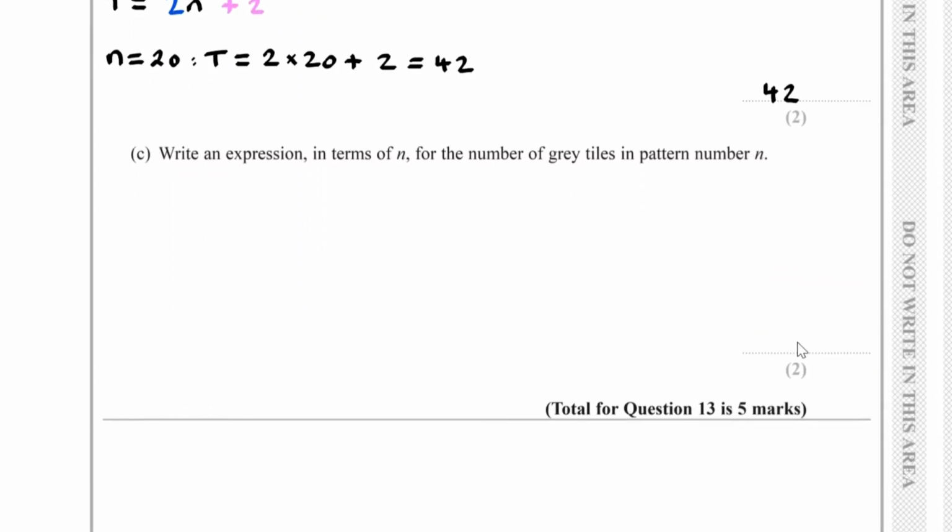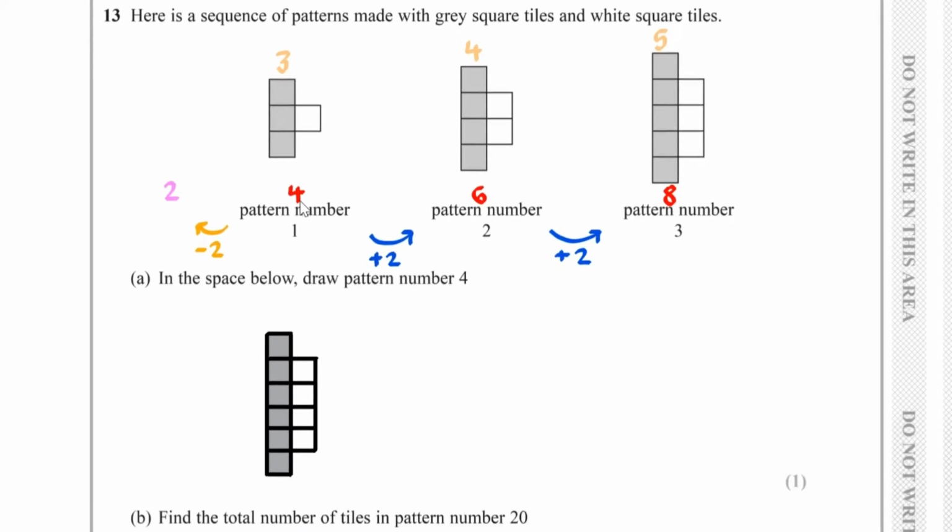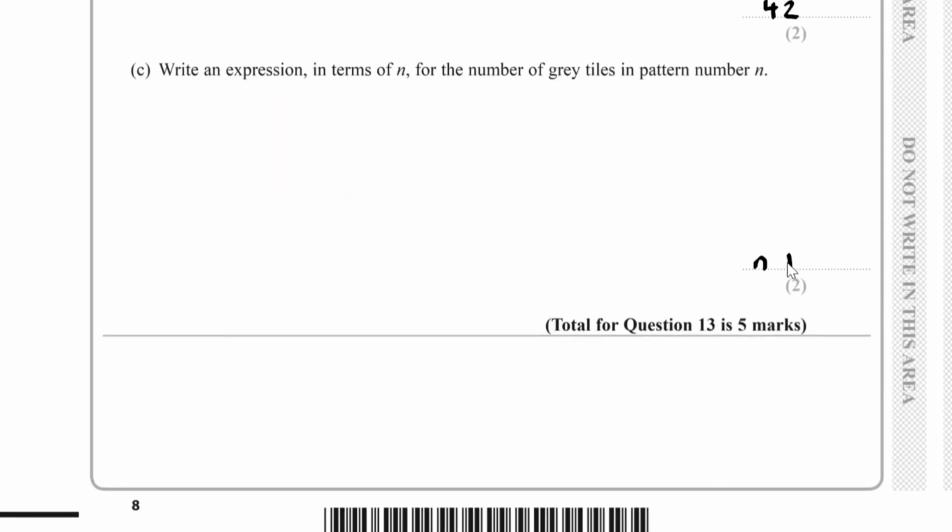So I have n. And then the 0th term will be 2, because 2 plus 1 gives a 3. Rather, I'm adding 2. So here is the total number of grey tiles, n plus 2.